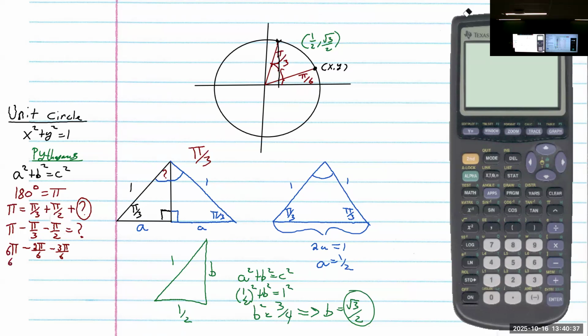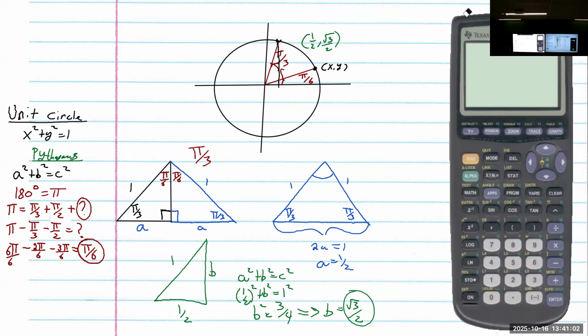Just doing the arithmetic. So this is pi over 6. The missing angle. Missing angle was pi over 6.